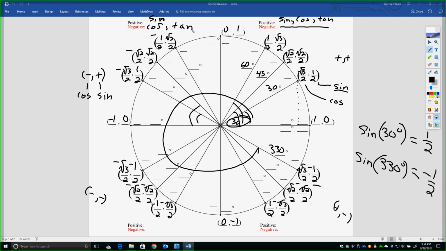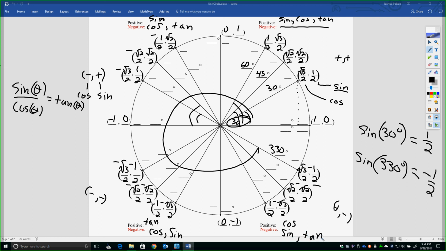In the last quadrant, both cosine and sine are negative, so negative over negative gives a positive tangent. And in this one, we get a positive cosine and a negative sine, and positive over negative gives a negative tangent.